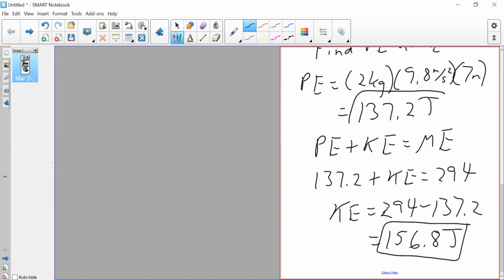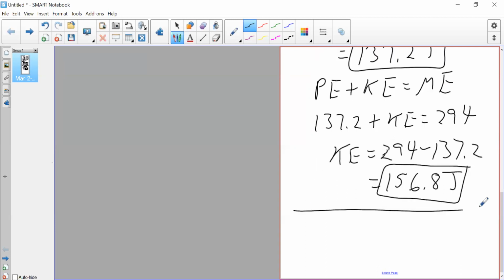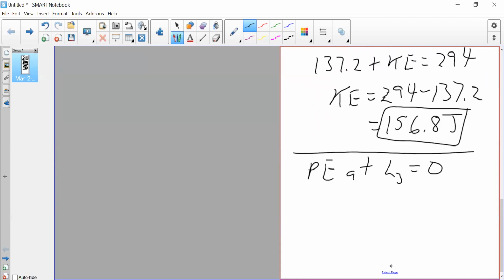So these are our amounts here. So the total, and again, add them, it's going to be 294. All right. So that's the second step. Obviously, the third one is easy. When there's no height, there's no potential.